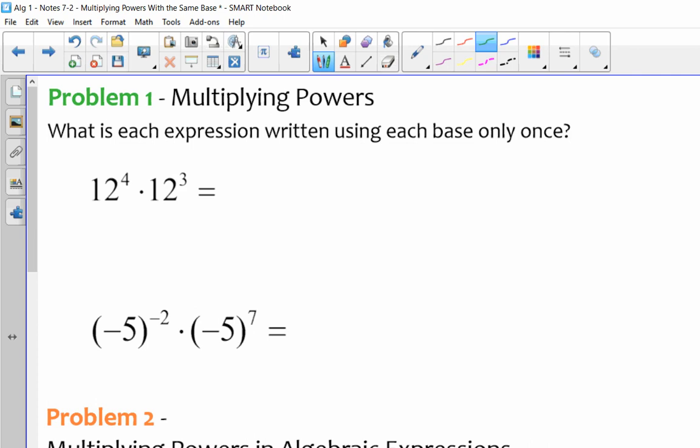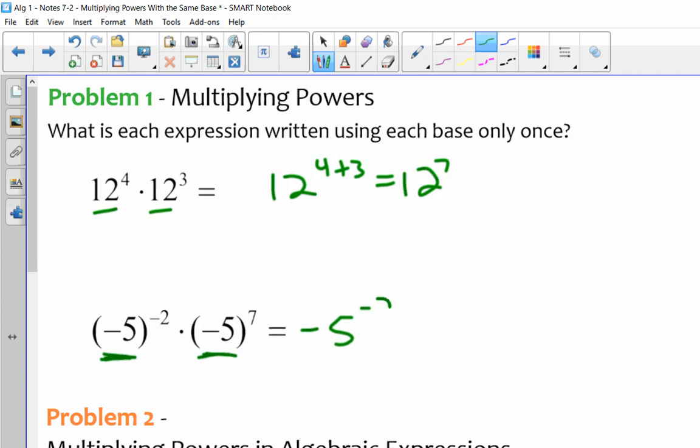Okay, so the two bases are the same, so I could write it as one base, and I'm going to add the exponents, and I get 12 to the 7th. If the base is a negative number, it's a negative number, okay? And let's be really careful here. We're taking the rules, but we're applying them to different situations.